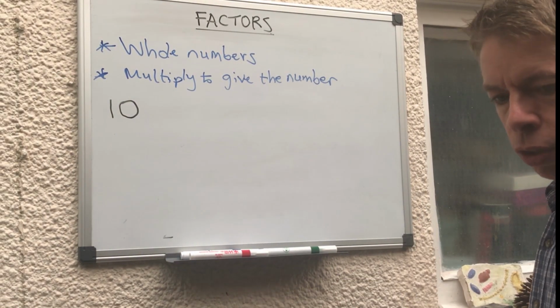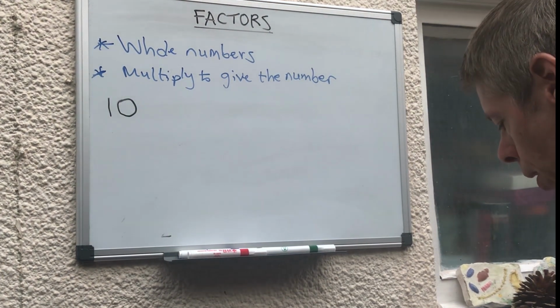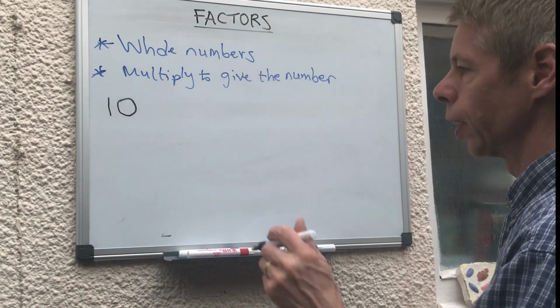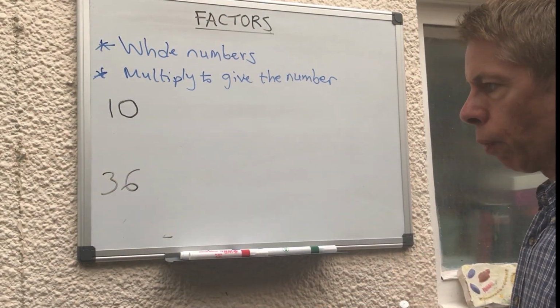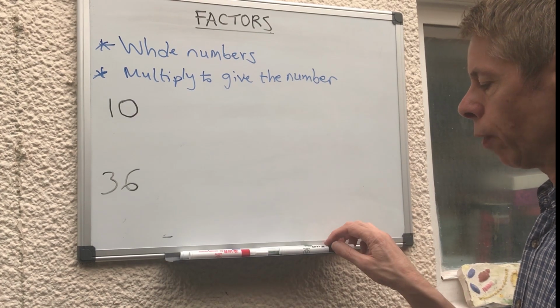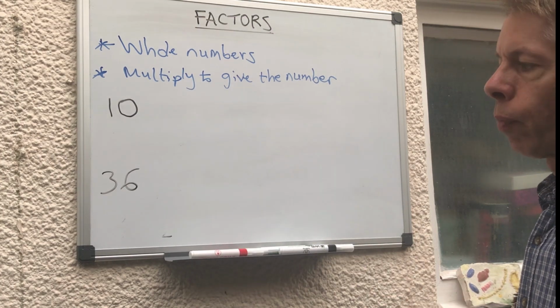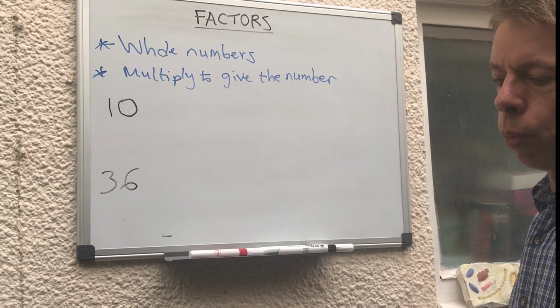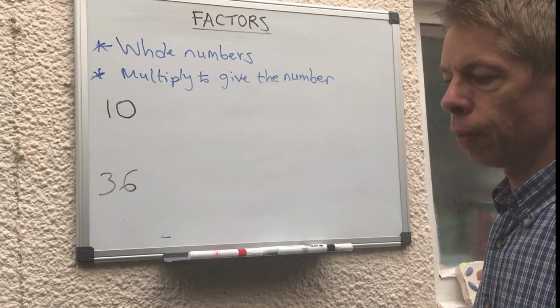So you start now on doing the factors of 10, and the next number we're going to do is going to be 36. So I'm going to give you perhaps a bit longer on this one than I give you on some of them, because it can take a while. So factors of 10, question 1, question 2, factors of 36.